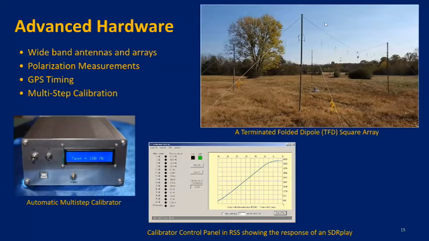So the very simple equipment that we provide is sort of an entry level system, but we also have some advanced hardware. We have wideband antennas, and then we can actually put these antennas into a square.